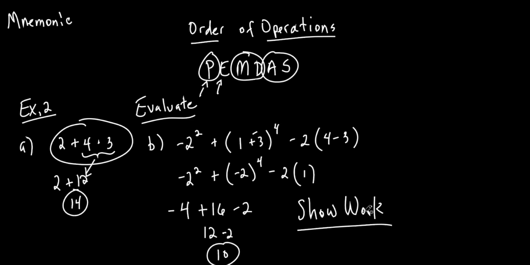I will take points off on a quiz or a test even. I might give you the whole problem wrong if all you do is just write down an answer and you could have shown the work. All right? Because I need to see how you got the answer. Sometimes I'll write that. I'll put how, which means how did you get the answer? I need to see it. Everybody good with that? All right.